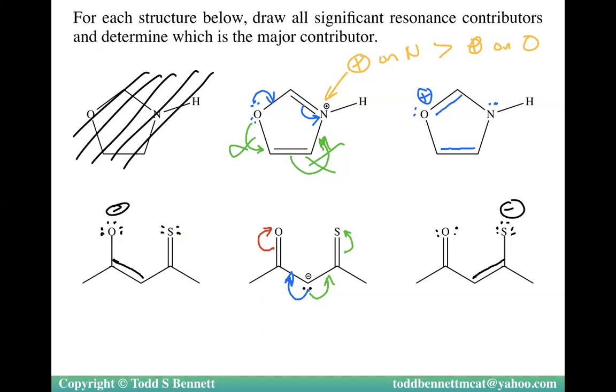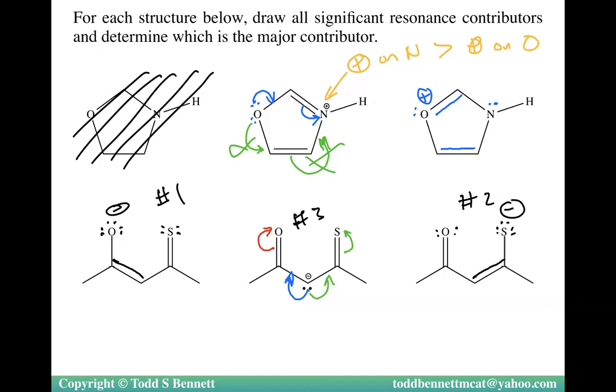When I draw in the electrons on O and S, they have octets. So assuming octets are equal, you have a negative charge, you have to live with it. So we've got to put it on the best possible atom. The best possible atom for a negative charge would be oxygen. So this is the number 1 resonance contributor. Sulfur 2, carbon 3, based on their relative electronegativity.